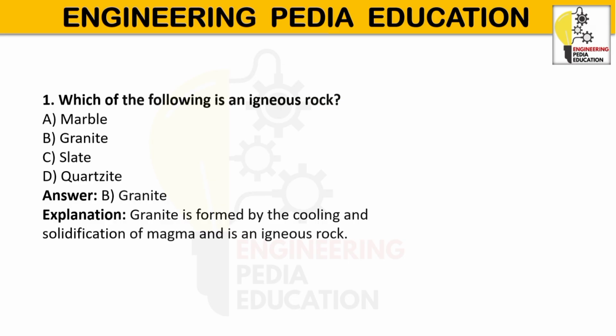Igneous rocks are of two types, intrusive and extrusive. Intrusive igneous rock forms when magma cools slowly beneath Earth's surface, and extrusive rock forms when lava cools quickly on Earth's surface, having a small crystal or glassy texture. An example of extrusive is basalt and of intrusive is granite. So granite is an intrusive igneous rock.